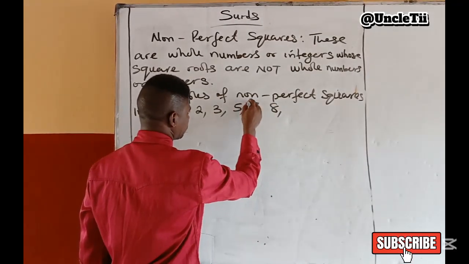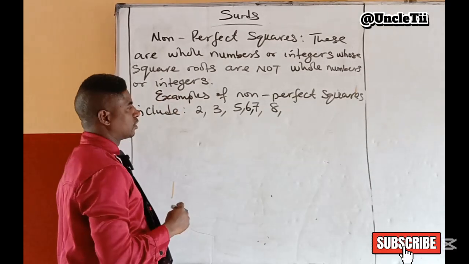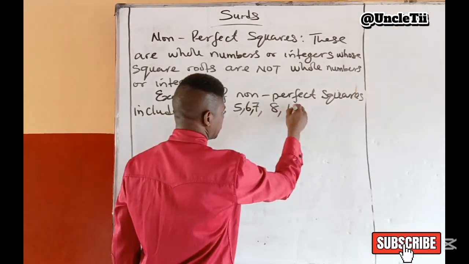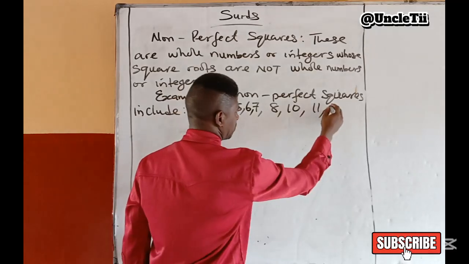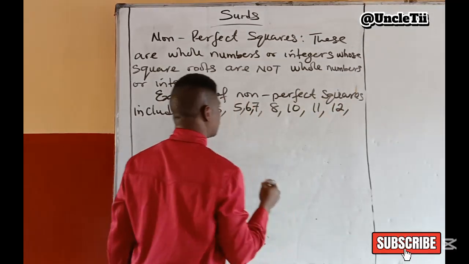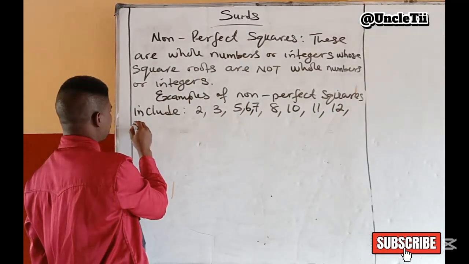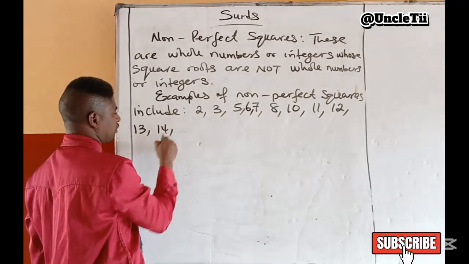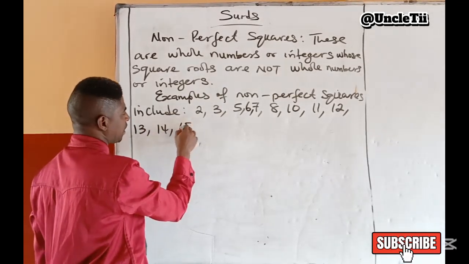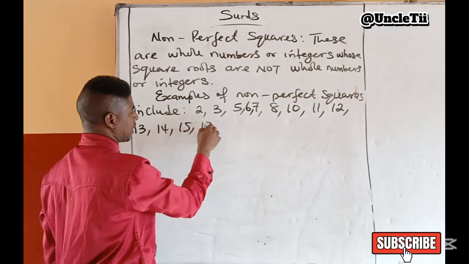Even 6. 6 is also a non-perfect square. 10 is a non-perfect square. 11 is a non-perfect square. 12 is a non-perfect square. 13 is a non-perfect square. 14 is a non-perfect square. 15 is a non-perfect square.